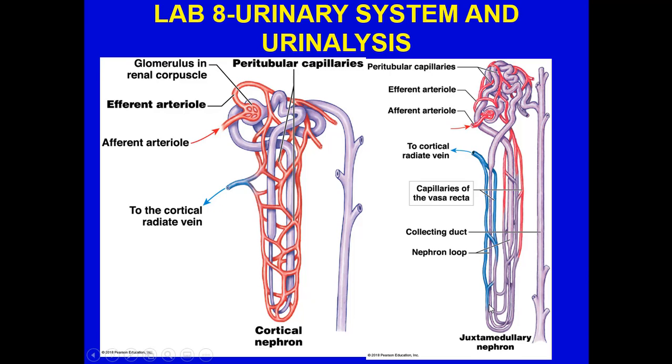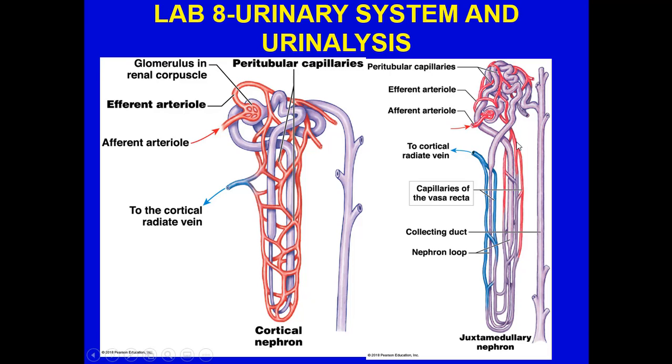Now, when you look at the juxtamedullary, much more complex. When you leave the glomerulus, you have the efferent arteriole, which kind of wraps around a little bit here, the peritubular capillaries here.